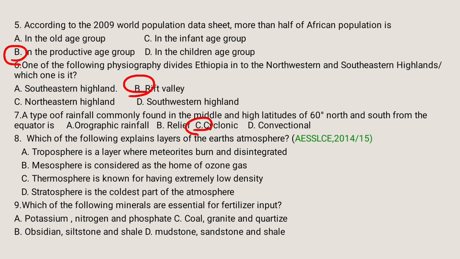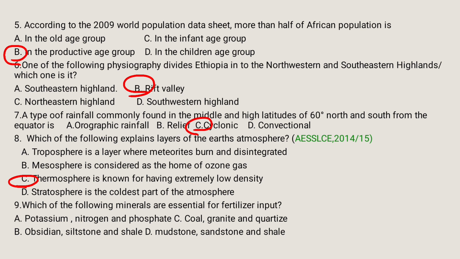C. Thermosphere is known for having extremely low density. D. Stratosphere is the coldest part of the atmosphere. So, the correctly presented statement about the Earth's atmospheric layer is C.